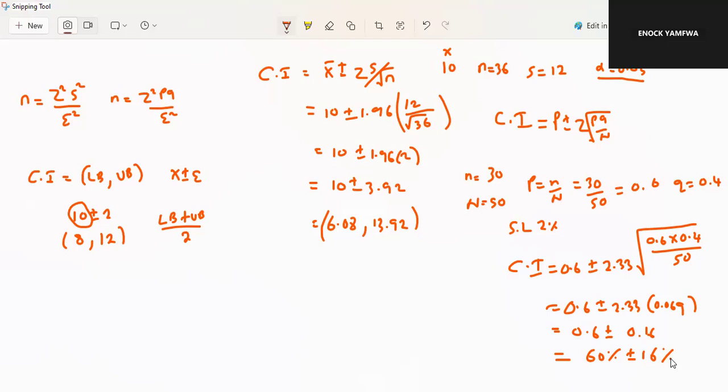Okay. 60 minus 16, and then we have 44% to 76% altogether. So this is how we find the confidence interval.